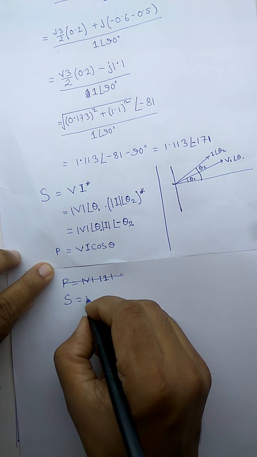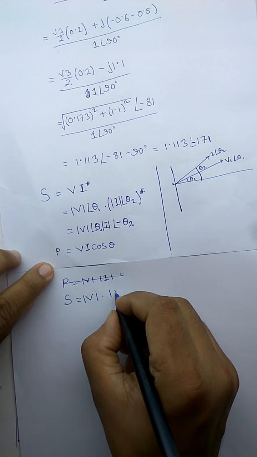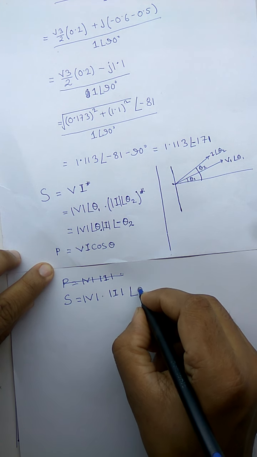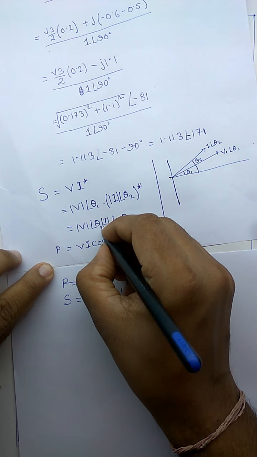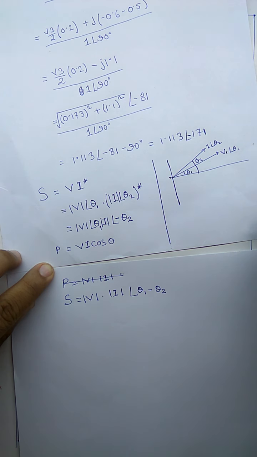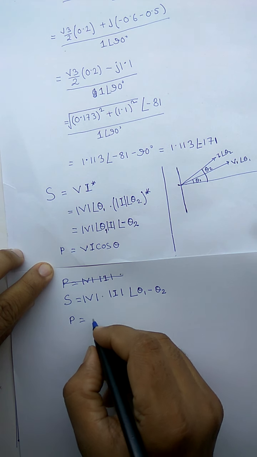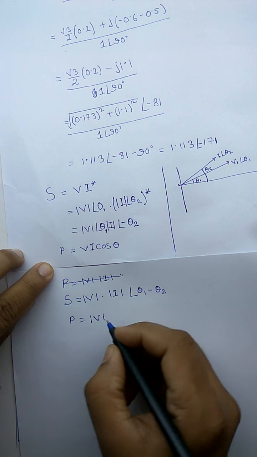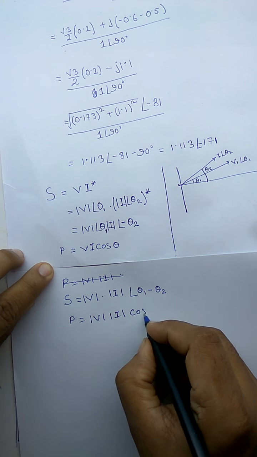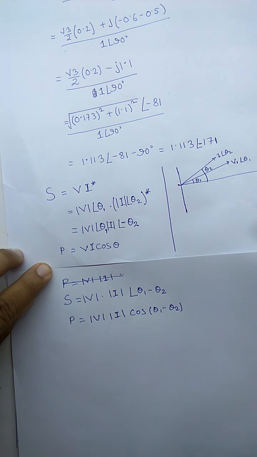S will be equal to V into I at an angle of theta 1 minus theta 2, and from there we can write P as magnitude of V into magnitude of I into cos of theta 1 minus theta 2.